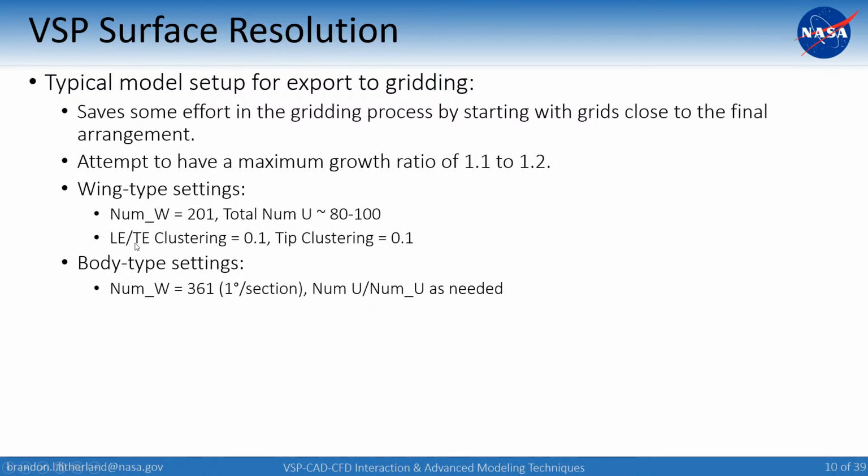For your leading edge and trailing edge clustering for high fidelity methods, set them to about 0.1, and you'll have a nice surface from which you can start growing your grids. If you're doing a body type, set the number W to 361, so you get about 1 degree per section. That's going to give you a really nice surface for your grids.